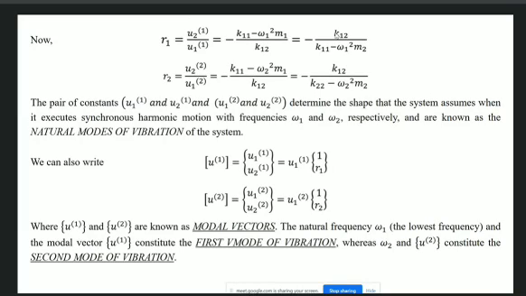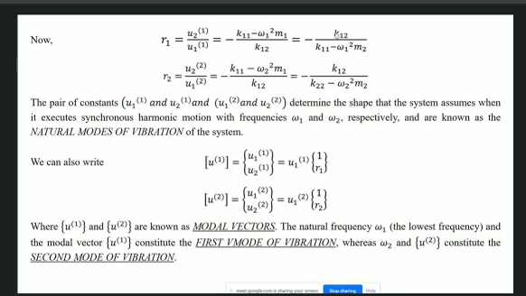And this is mathematically called an eigenvector. But for the vibration problem, this will be called the mode shape, because if the system vibrates with the frequency omega 1, then it must maintain the first mode shape. They are together, so they cannot be separated.